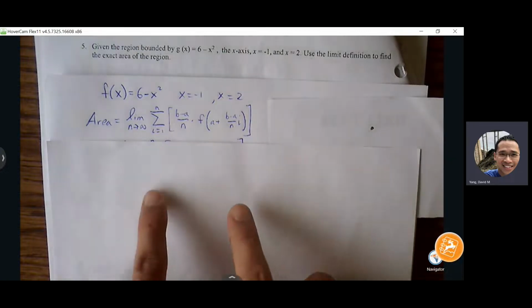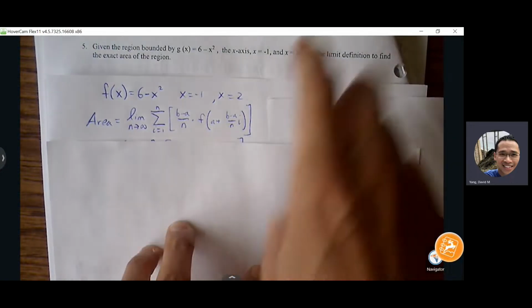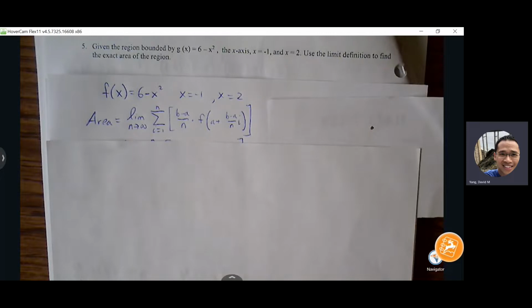So here's the limit definition. I'll provide this for you on the quiz. So now your first step is replacing your a and b values with -1 and 2. Okay, so go ahead and try that first.